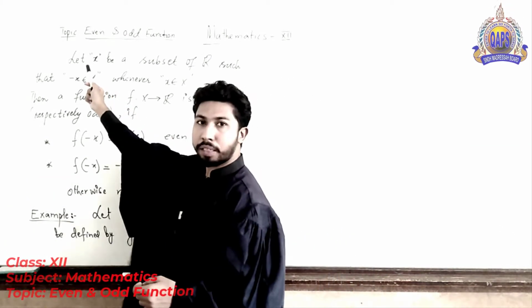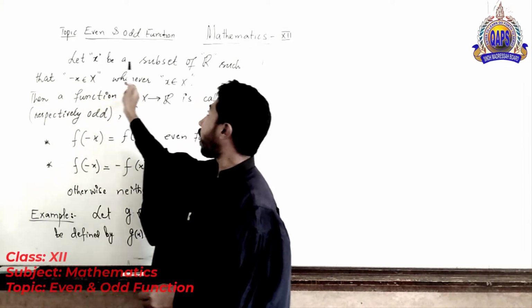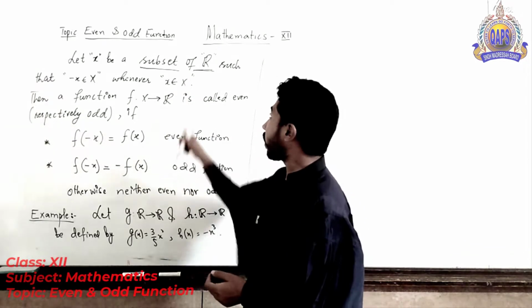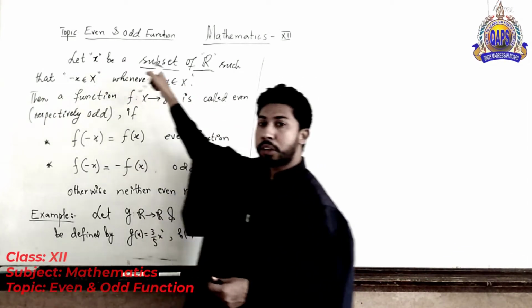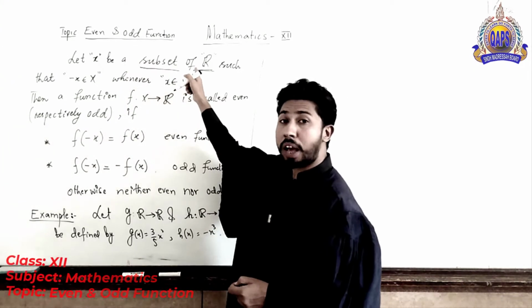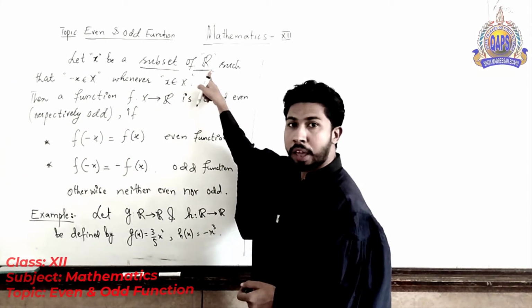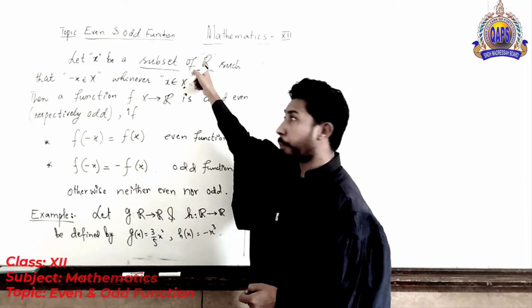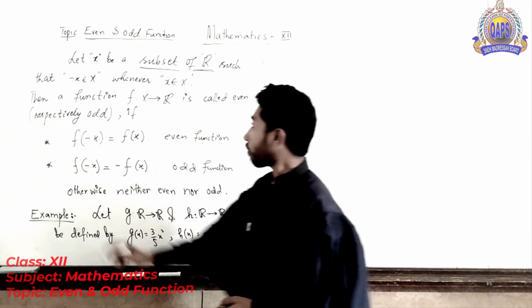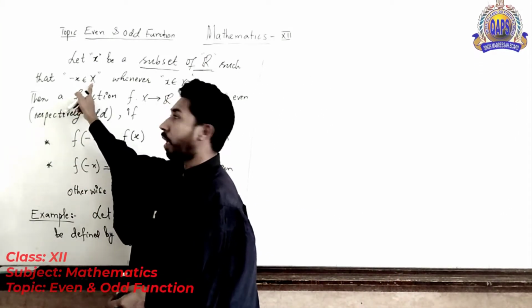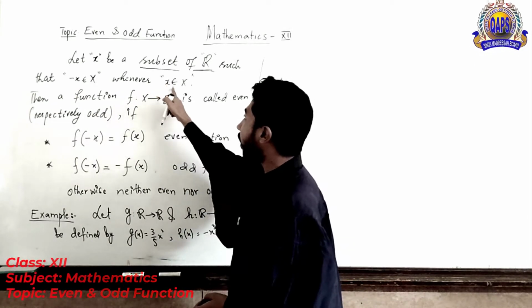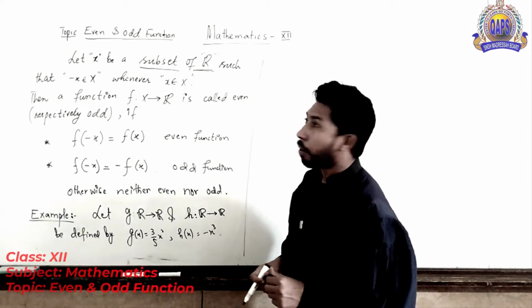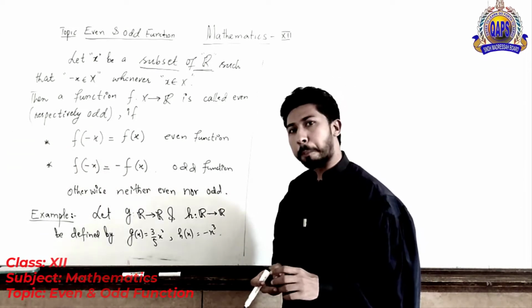So let X be a subset of R, where R is the real numbers, such that negative x belongs to X whenever positive x belongs to X. There are two conditions here: the first one is negative and the second one is positive.